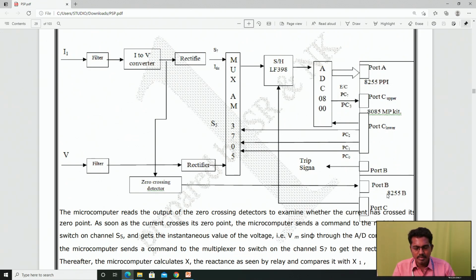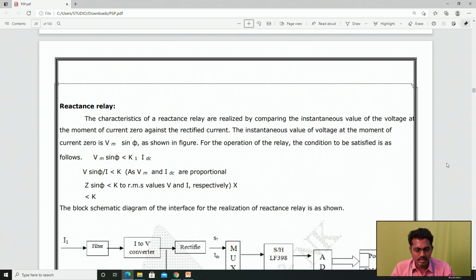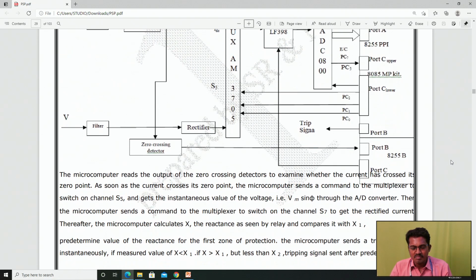The reactance relay means we know impedance and reactance. If you remove the resistance value, you will get the reactance for the complete thing. So for that we are converting I to V, and from that we are giving the zero crossing point. So through that we are able to get the reactance voltage.